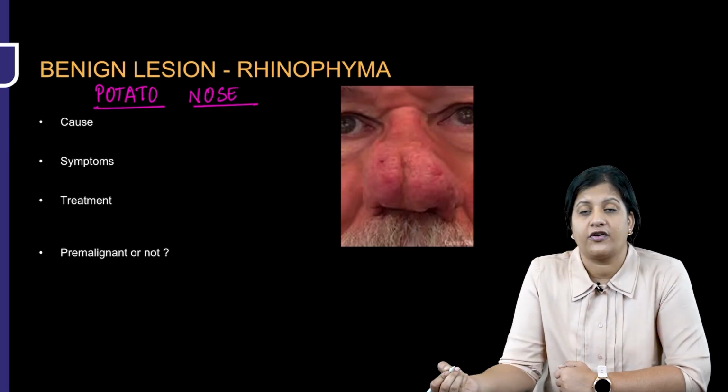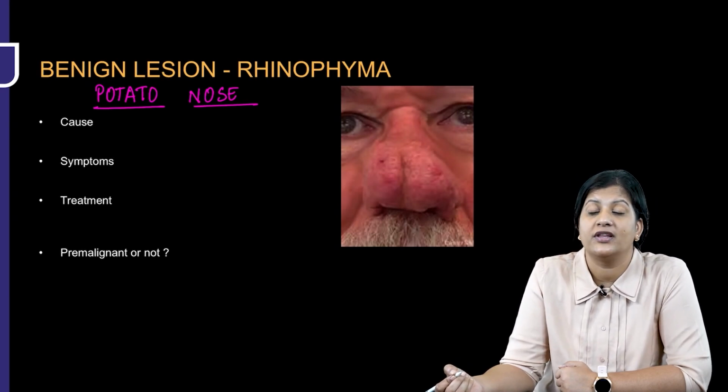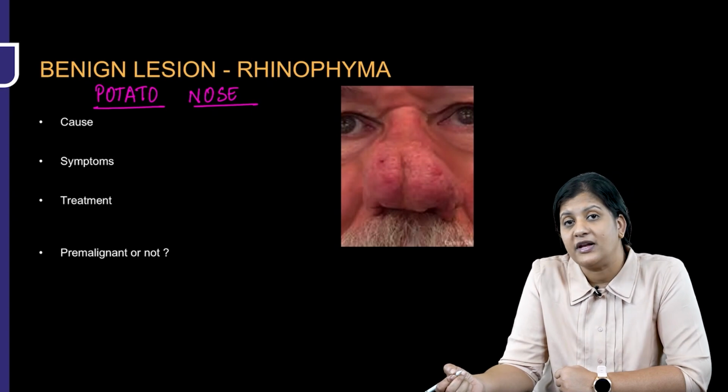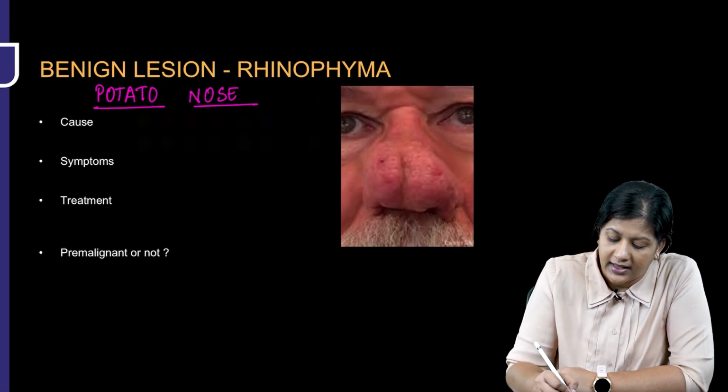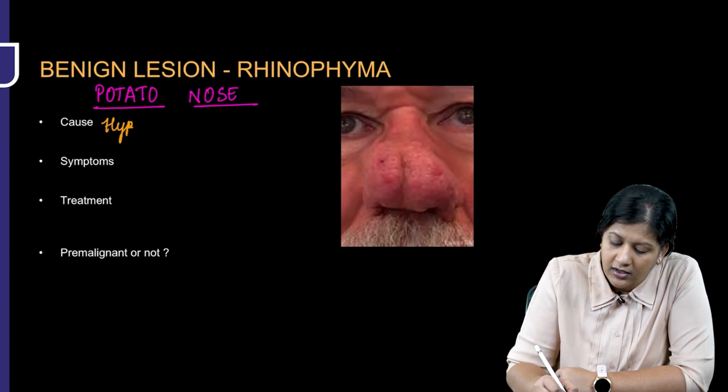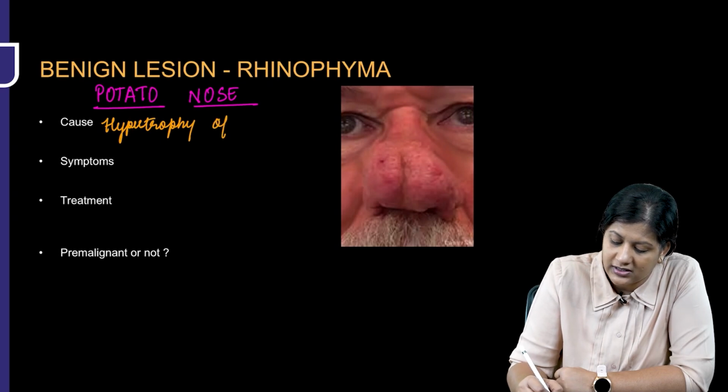What is the cause of rhinophyma? The cause of rhinophyma is hypertrophy of the sebaceous glands in patients with acne rosacea. So what happens here is there is hypertrophy of which glands? There is hypertrophy of the sebaceous glands.